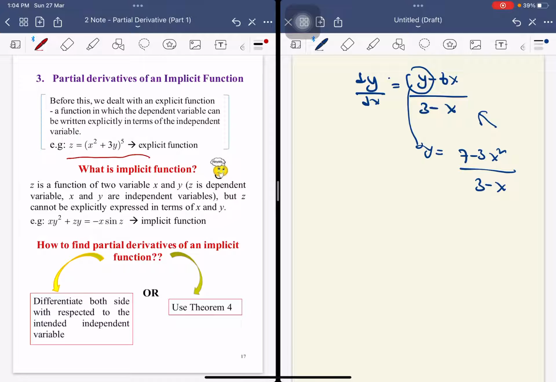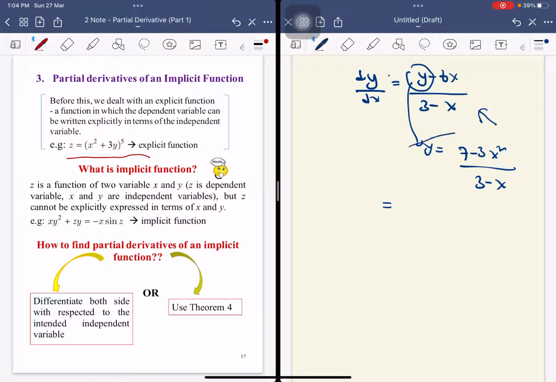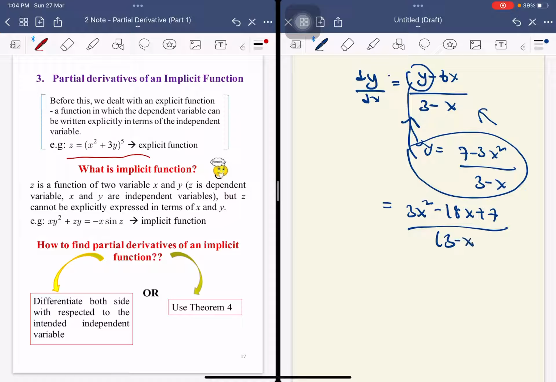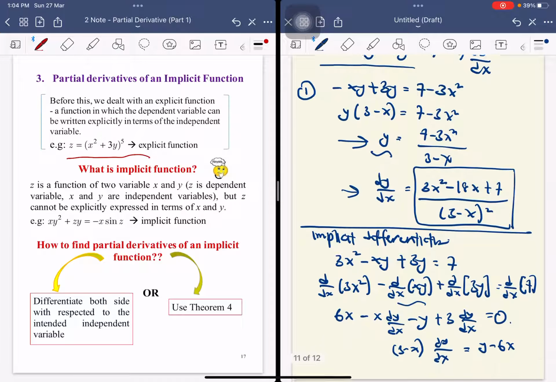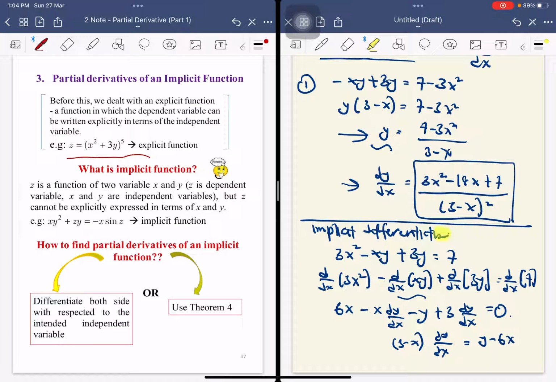Definitely, if you substitute this into this part, you get the same answer, which is 3x squared minus 18x plus 7 over 3 minus x squared. So that's how implicit differentiation works.